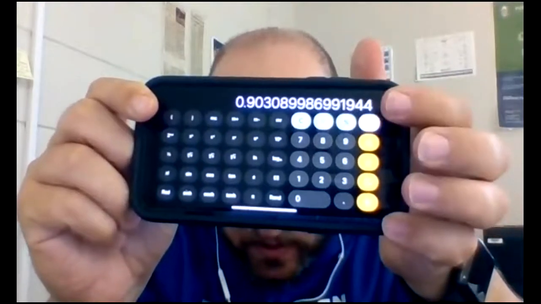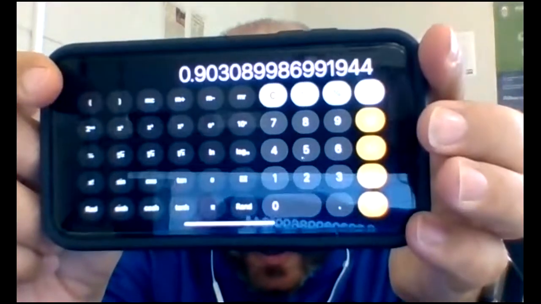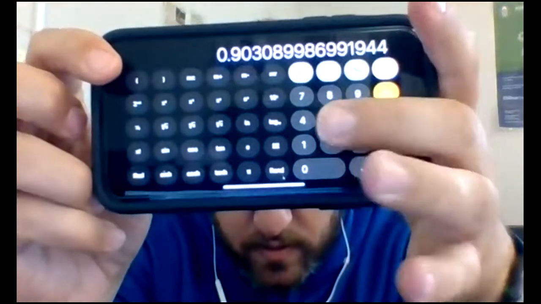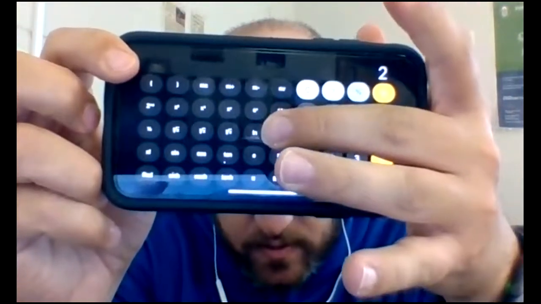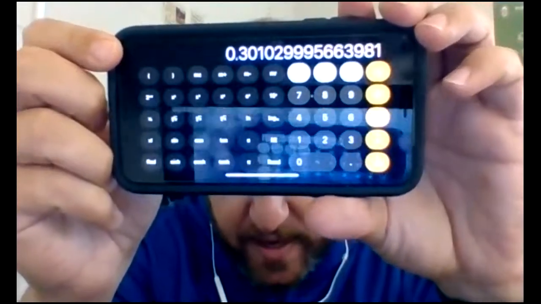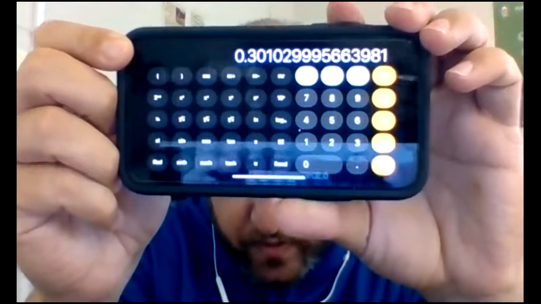So you're going to hit the division, very top of the orange buttons. You can't even really see it. All right, so now I'm going to hit 2 log base 10. So that is log base 10 of 2, 0.301.